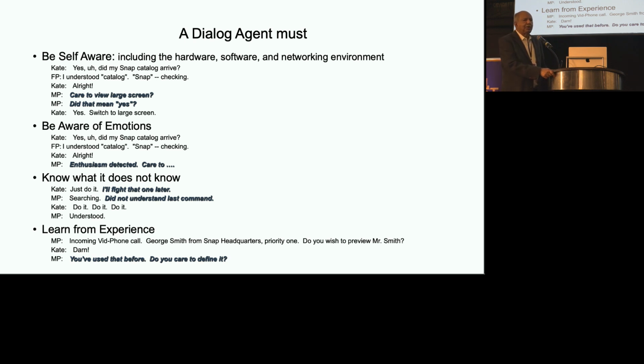How does a person know what they do not know? How does an agent know what they do not know? And so you have to kind of come back and say, I didn't understand the last command. So you said, well, don't worry about it, get on with the job.